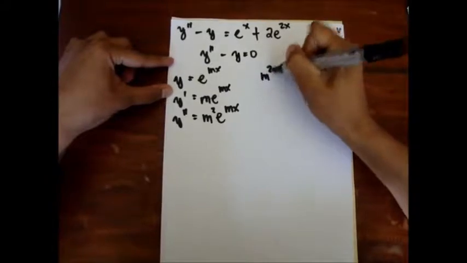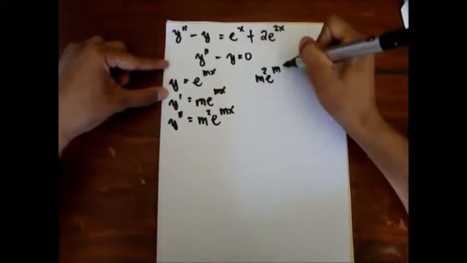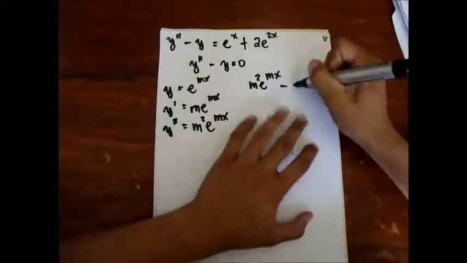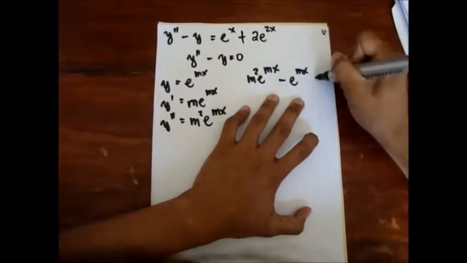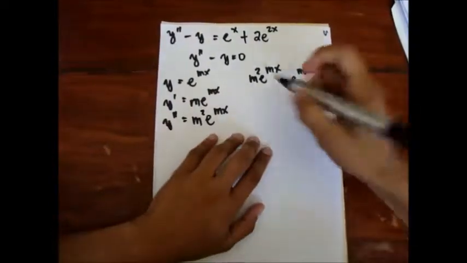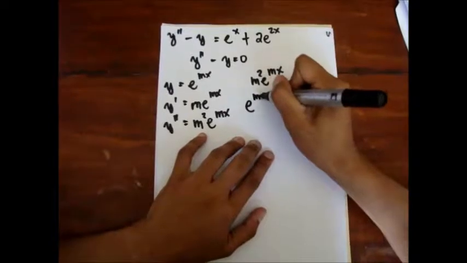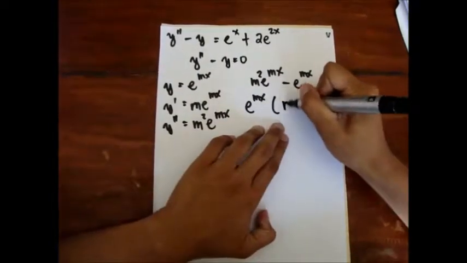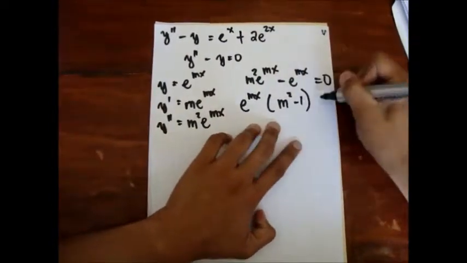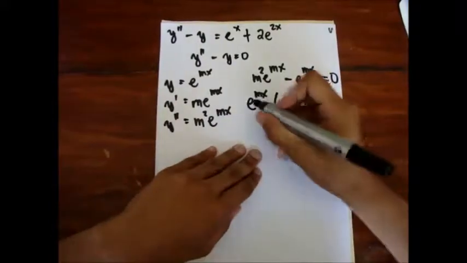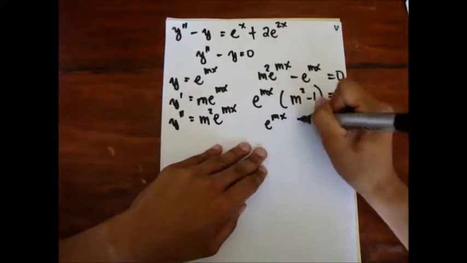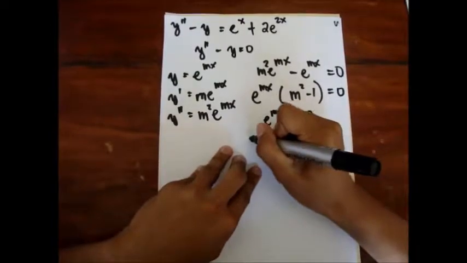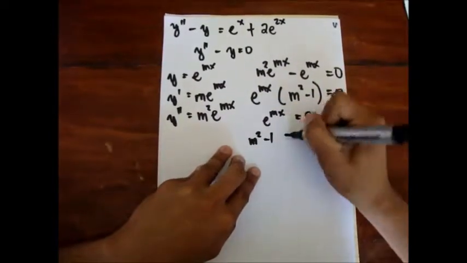So m squared e^mx minus e raised to mx equals 0. Then we will factor out e raised to mx. Quantity m squared minus 1 equals 0. So e^mx equals 0, then m squared minus 1 equals 0.